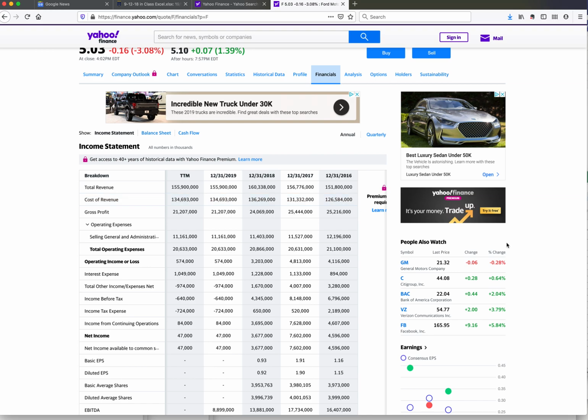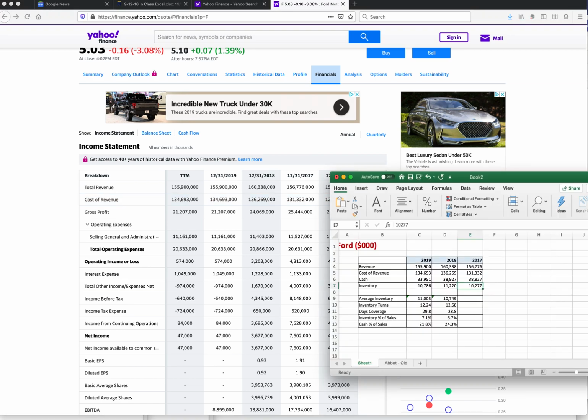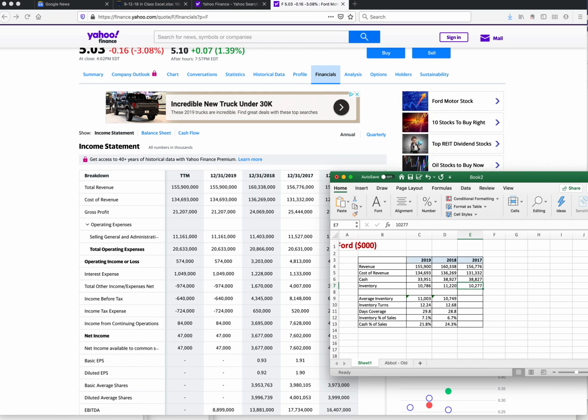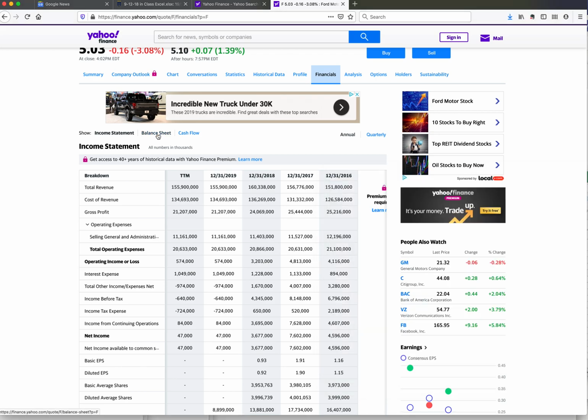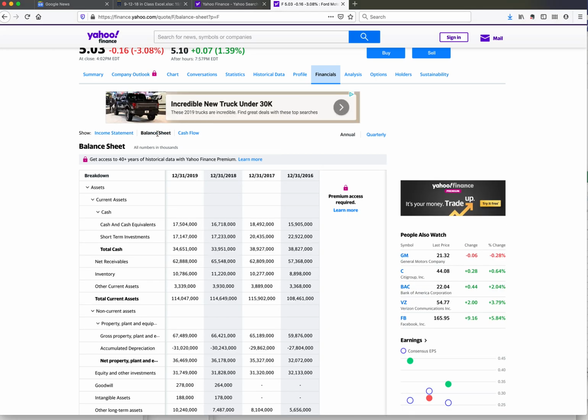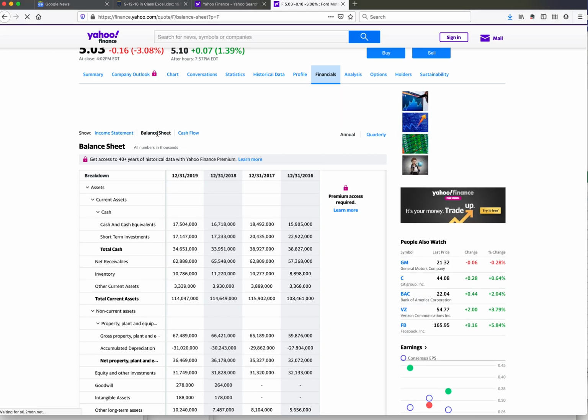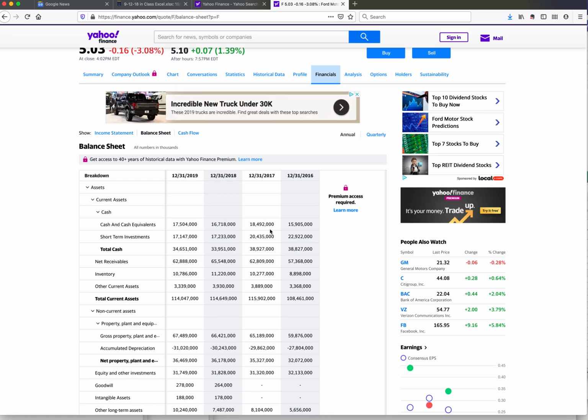We've got the right numbers in there for revenue and cost of revenue, but their inventory does seem lower than it used to be.